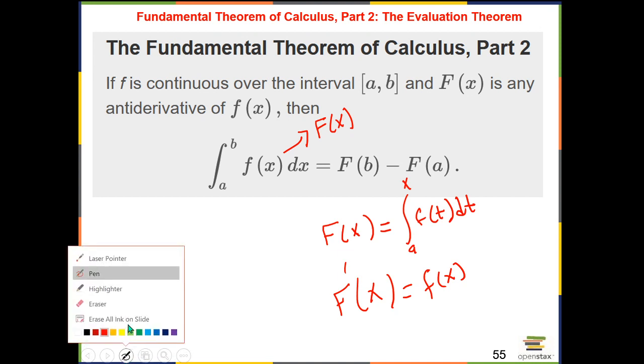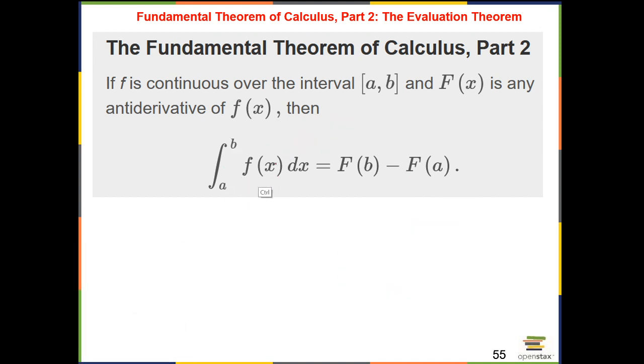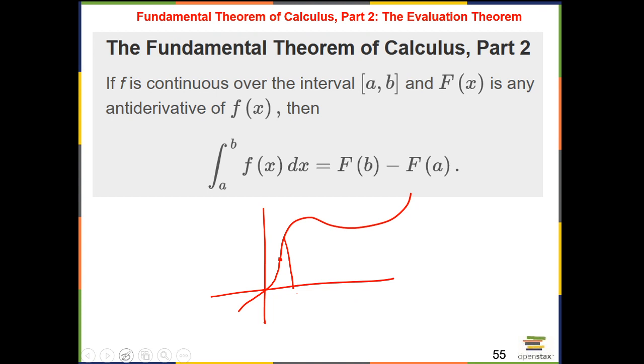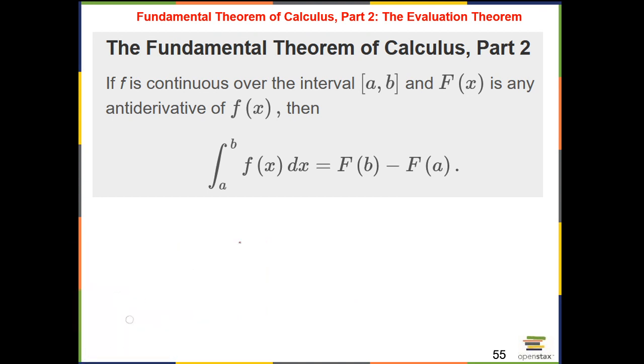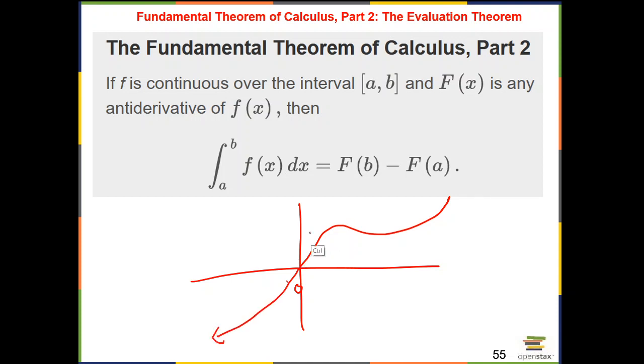Now this makes sense because remember, the meaning of this is the area under a curve. So let me go over here just a moment. I'm going to give a function, and I'm going to start from 0 and evaluate the area under this function.